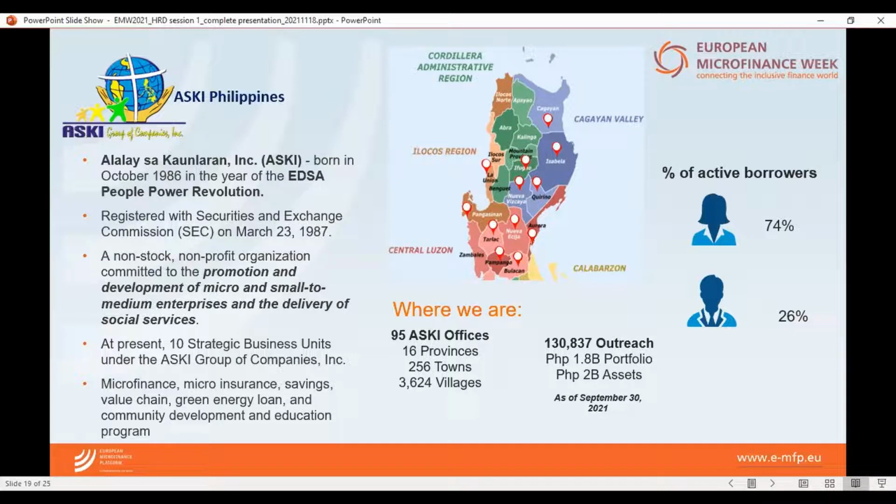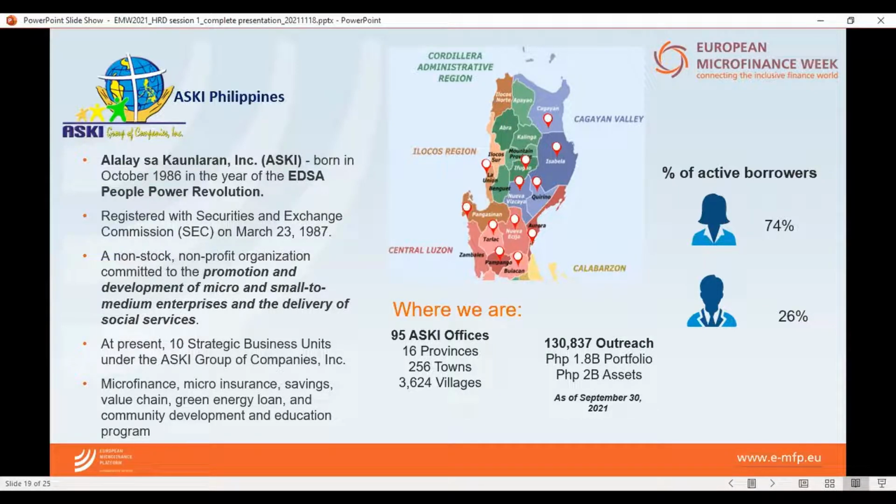So quite a number of services can actually be delivered by this group of companies. Here we have also listed these services on the screen. It's definitely not an exhaustive list, but it's microfinance, micro insurance, savings products, green energy loans, community development, and an education program. So really quite a range from financial to non-financial services.